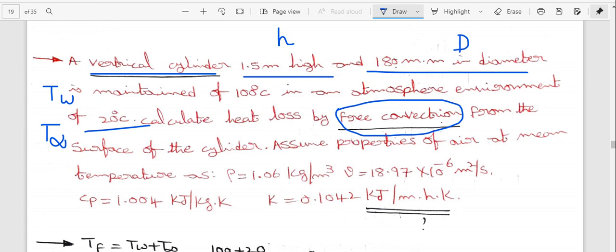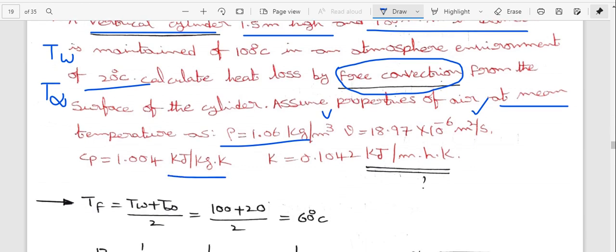Assume the properties of air at mean temperature. Mean temperature is 100 plus 20 by 2, that is 120 by 2, equal to 60 degrees. At this temperature we have the density value, and we need to check the units: kg per meter cube, kinematic viscosity in meter square per second, and Cp value in kilojoule per kg Kelvin, here 1.004 into 10 cube.